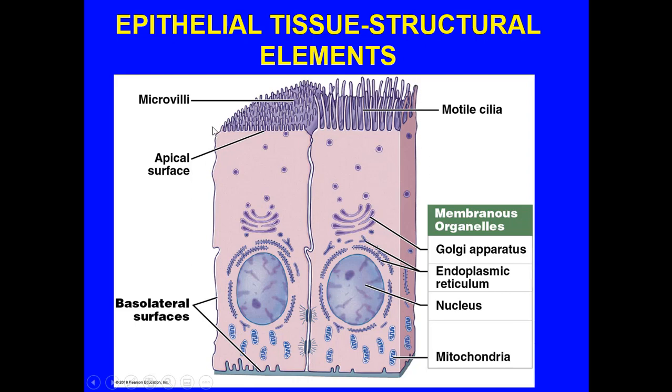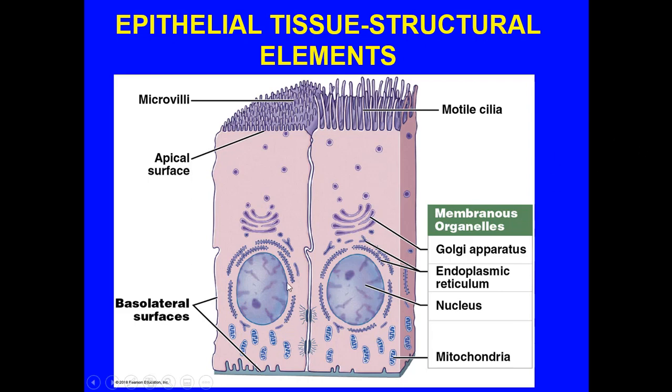What you're going to notice is the two differences on the surfaces here. So apical is one side. That's the side that usually faces the lumen or the space out exterior. And then there's what they call a basolateral surface, which has a basement underneath. This is to prevent the structure from being sloughed off or shed.